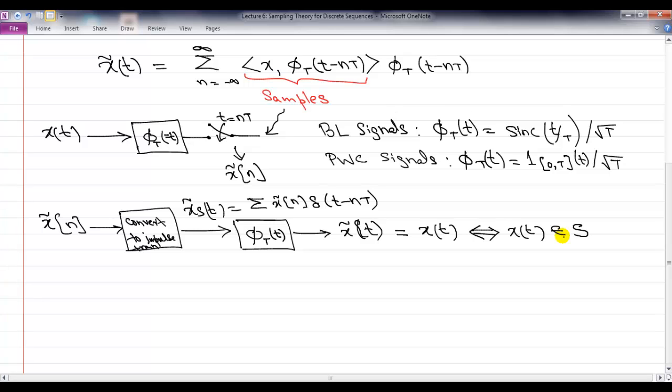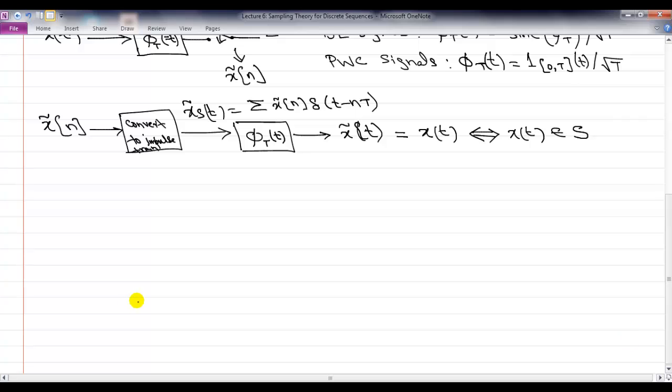So what we are going to do in the next couple of lectures is now shift our focus from continuous domain to the discrete world. We are now going to talk about sampling of discrete sequences. In this sampling of discrete sequences, we are going to again reuse the formula that we derived.